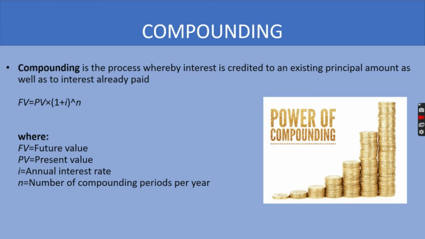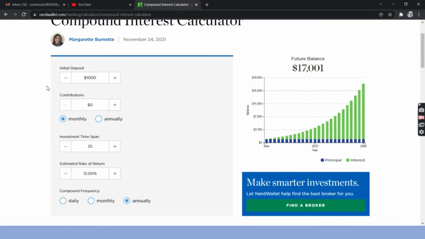And if you want to see the power of compounding, I'll show you. If that same amount of 1000 is deposited for a 25 years period at a rate of 12%, then the interest that you will be getting is 16,000 on it, whereas the simple interest was just 3000. So that is the difference, and your future balance would be 17,000.